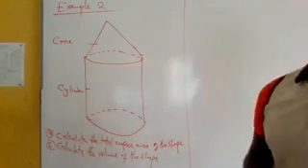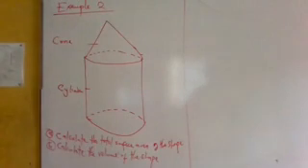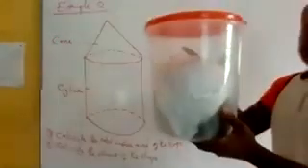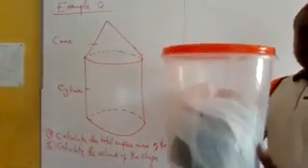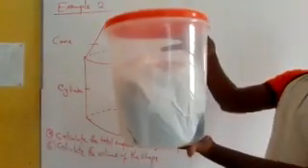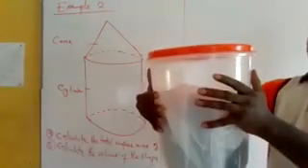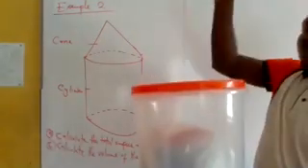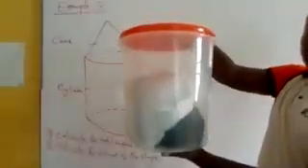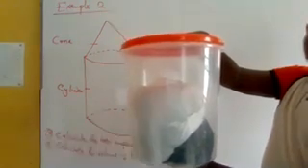Now remember that your total surface area, if you are looking at the cylinder, let me try and get this cylinder. This is your cylinder. Are you following me? For your total surface area, that means we'll take this bottom part into consideration. We take this curved side into consideration, and then we take this top side into consideration for us to get our total surface area of the shape.